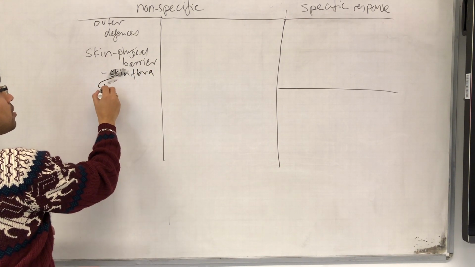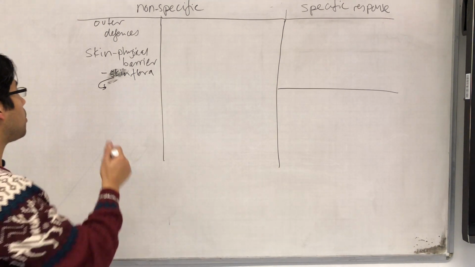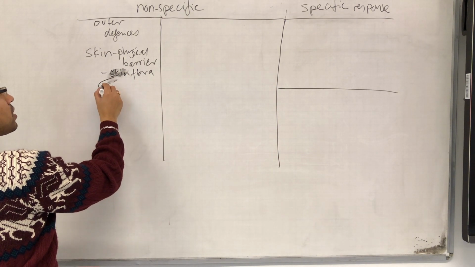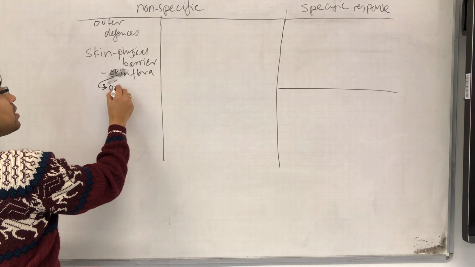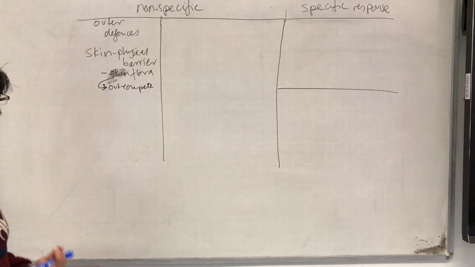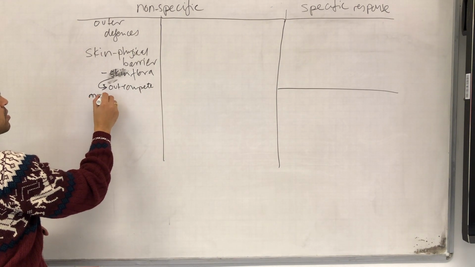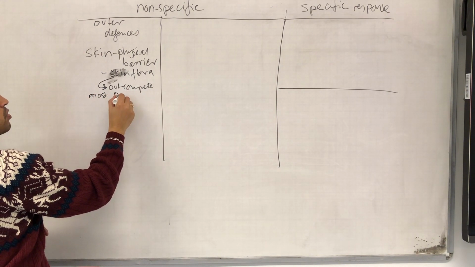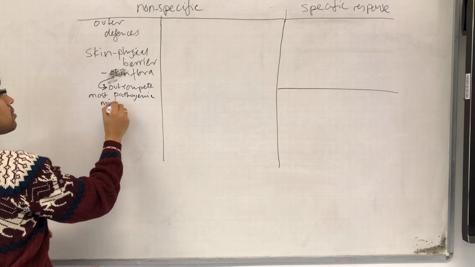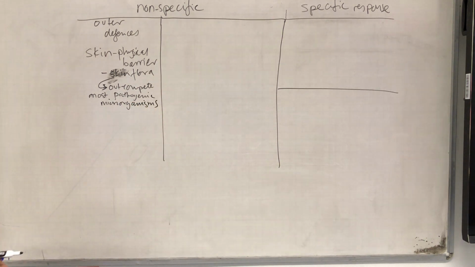These are bacteria that naturally reside on the skin. The skin is their habitat, and the skin flora are adapted to survive on the skin, so they outcompete most pathogenic microorganisms. Yeah?